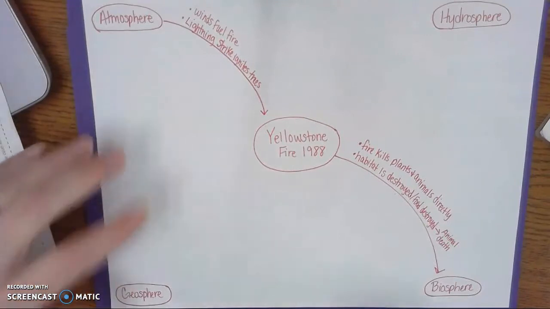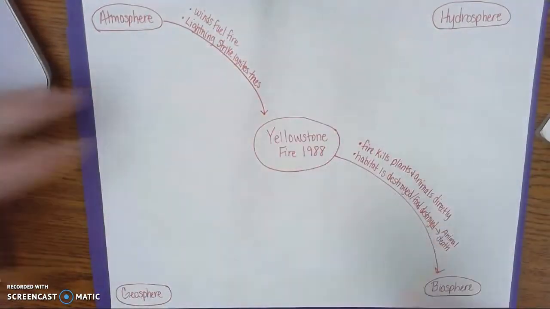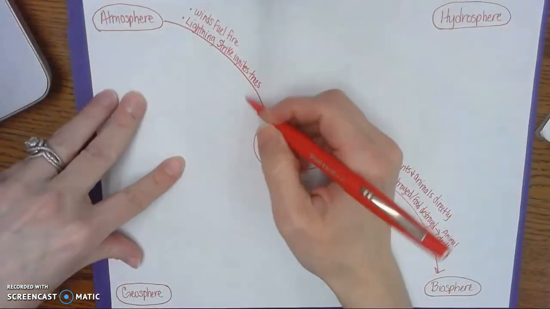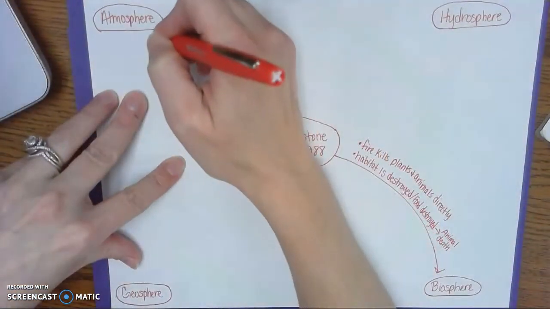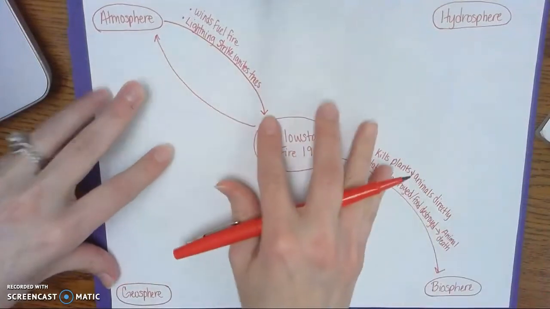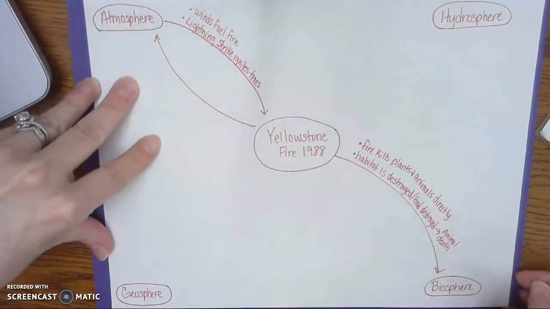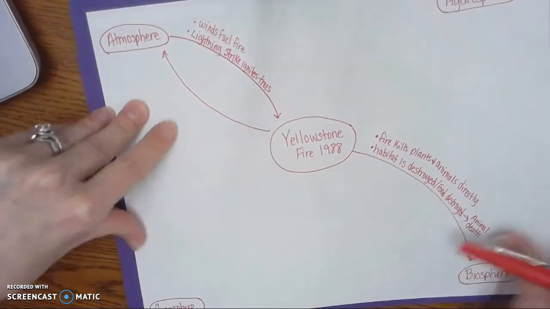So if that's going to the air, then which sphere does that affect? Well, that's affecting your atmosphere. So let's draw here, and then I'm just going to turn my paper a little bit here so I can write a little bit better. Here we go.